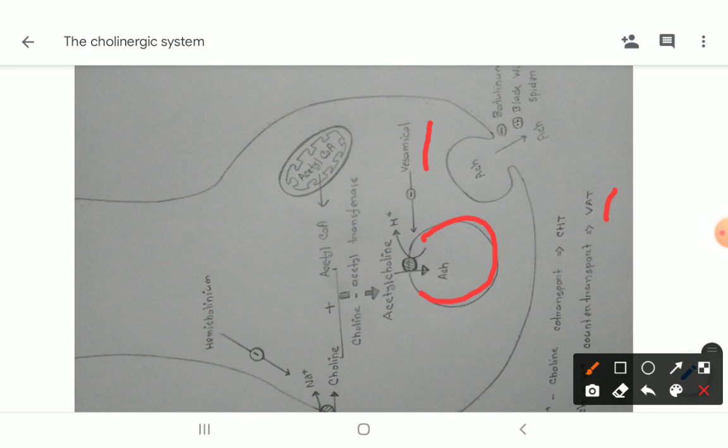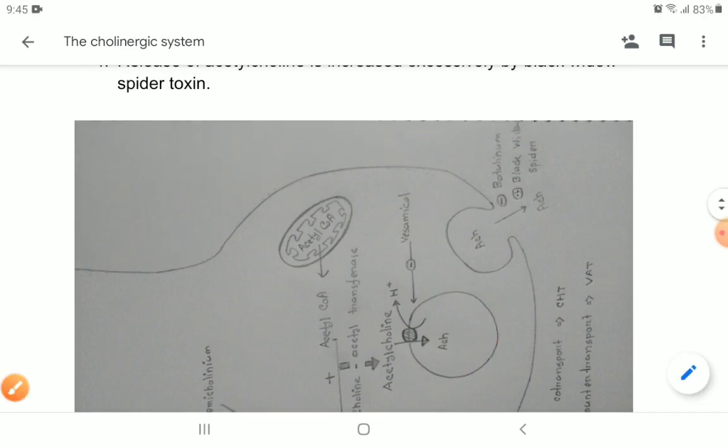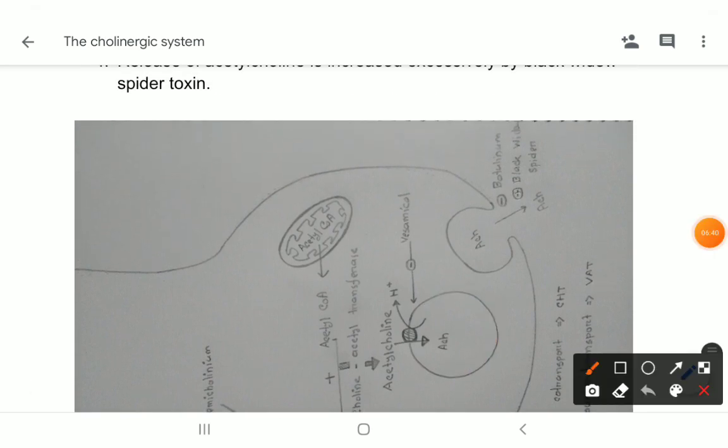And next, you can see here that acetylcholine is released from the presynaptic nerve terminal into the synaptic cleft, right? This release can be blocked by botulinum toxin. Botulinum toxin actually blocks this.